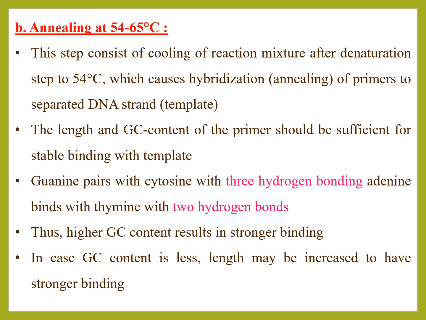I already explained this step while designing the primers. Guanine pairs with cytosine with 3 hydrogen bonds, and adenine binds with thymine with 2 hydrogen bonds. Higher GC content results in stronger binding of the primers with the template, but there should not be 3 or more GC residues at the end of the primer.